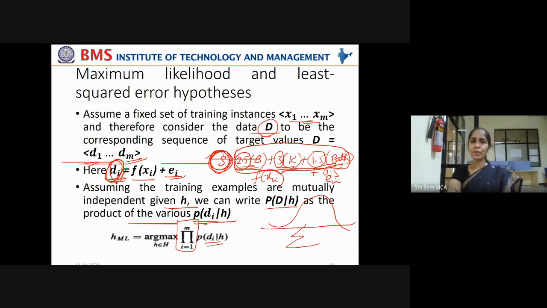Now, when you multiply the probabilities of all the training examples' estimated values given the hypothesis, among them, the highest value will be your maximum likelihood hypothesis.